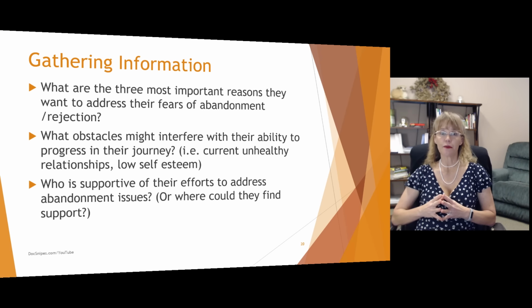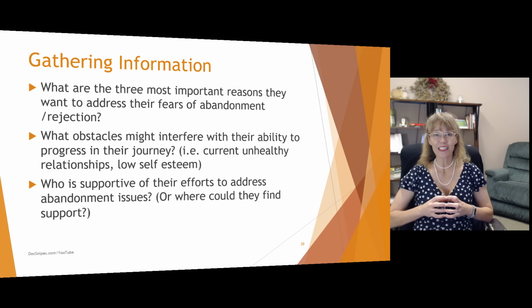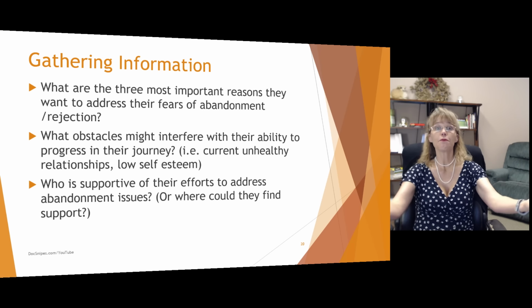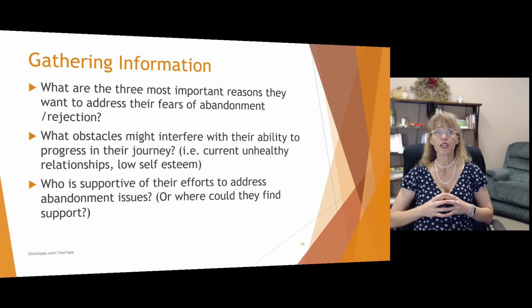And low self-esteem can also be an obstacle that interferes with their ability to progress because they may not feel like they deserve any better. They may not feel like they're lovable, or they may rely on other people to provide them external validation in order to give them permission to be okay.